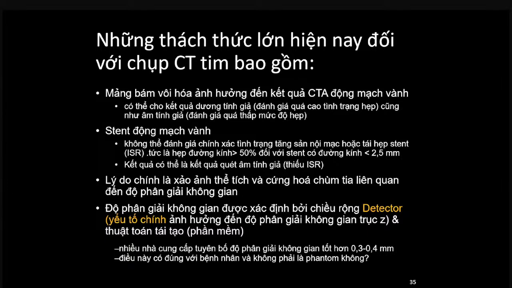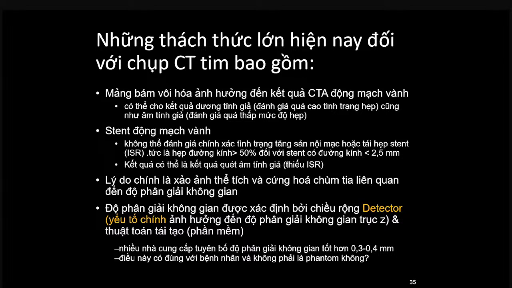The main reason for these two challenges is partial volume averaging and beam hardening artifacts coming from the calcified plaques and coronary stents, and this is all related to spatial resolution. Now, spatial resolution is determined by detector width, which is the main factor affecting Z-axis spatial resolution.